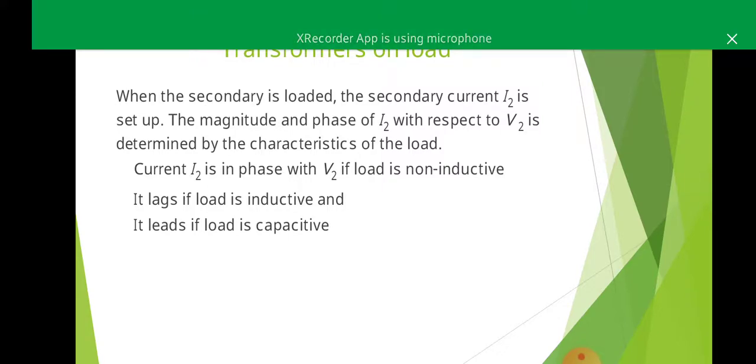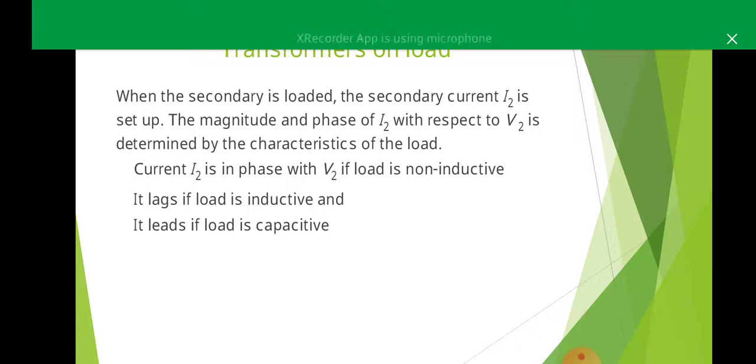Current I2 is in phase with V2 if the load is non-inductive, meaning resistive. I2 lags behind V2 if the load is inductive, and I2 leads V2 if the load is capacitive.